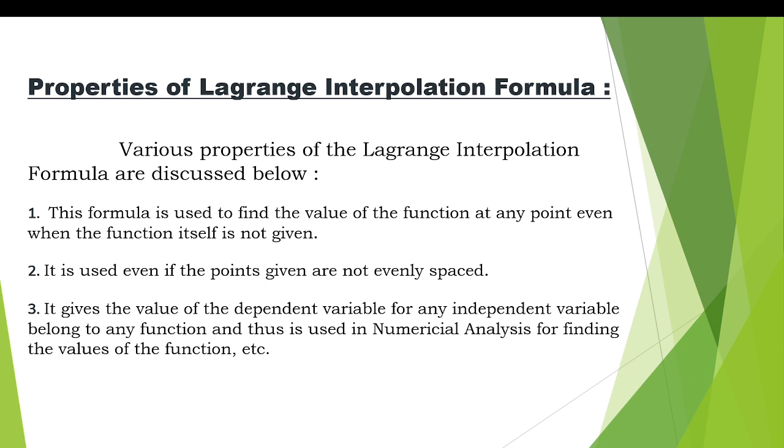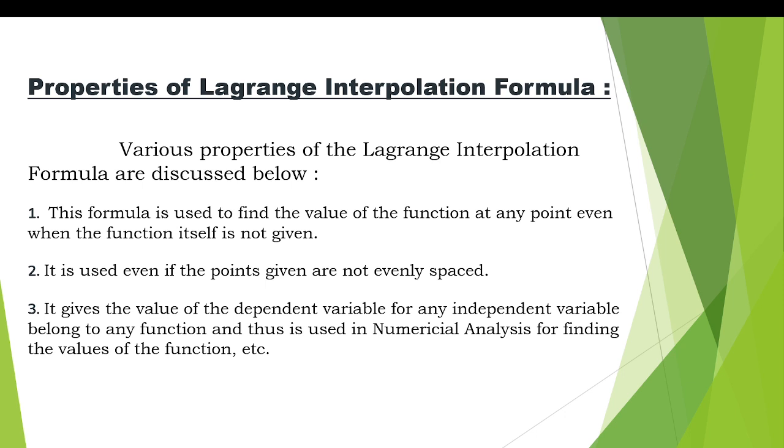Next, I have written properties of Lagrange interpolation formula. Various properties of Lagrange interpolation formula are discussed below. First is, this formula is used to find the value of the function at any point even when the function itself is not given.